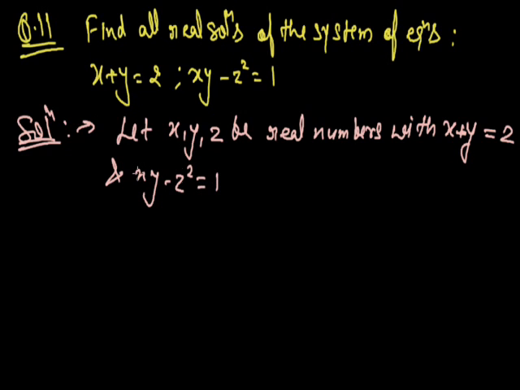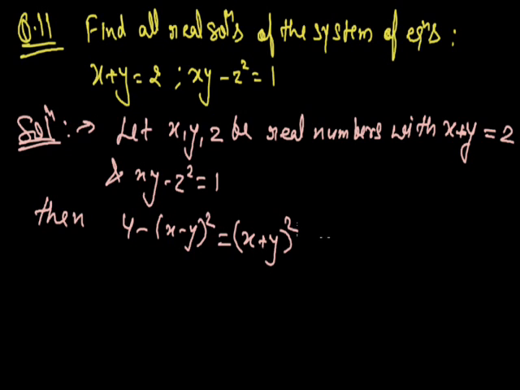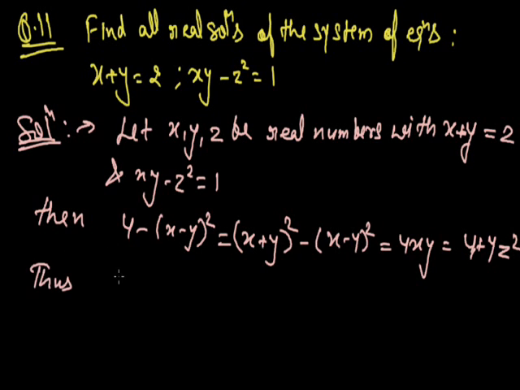Then 4 minus (x minus y) whole square is equal to (x plus y) whole square minus (x minus y) whole square, that is equal to 4xy, that may be given as 4 plus 4z square. Thus we can say that (x minus y) whole square plus 4z square is equal to 0.